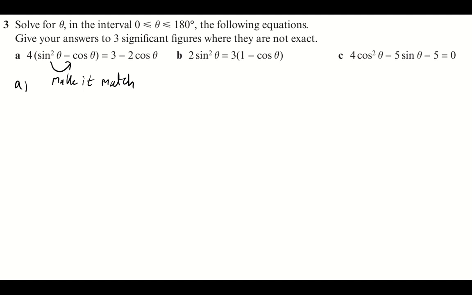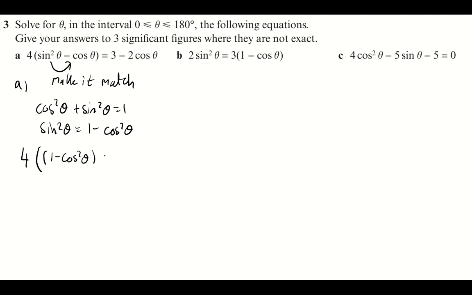So what we're going to use is the fact that cos squared plus sine squared is 1, meaning sine squared is 1 minus cos squared. So we can put that in straight away. 1 minus cos squared minus cos is 3 minus 2 cos.